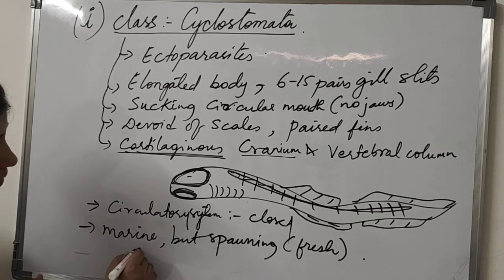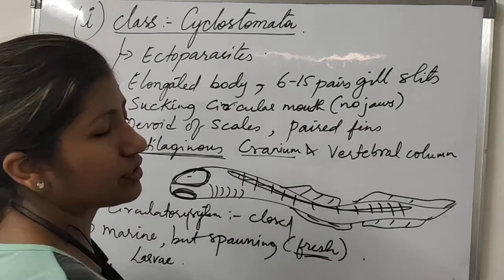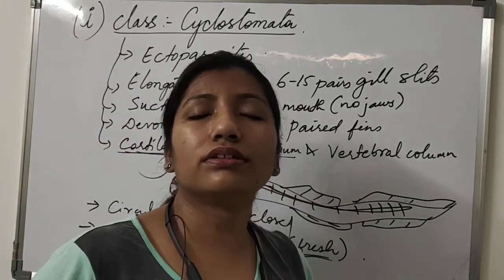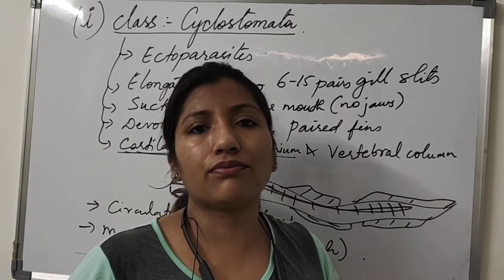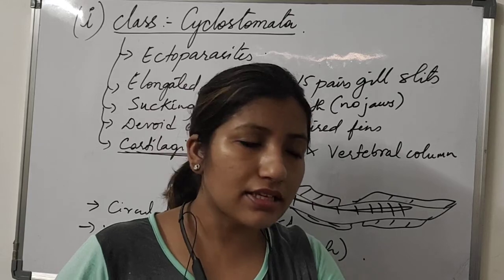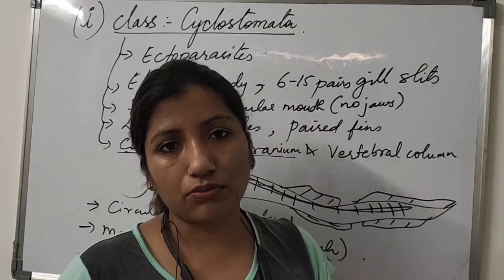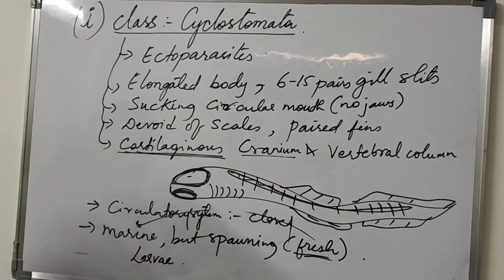In that fresh water, the eggs will develop into larva, and that larva will go through metamorphosis and develop into an adult, and this adult will find its way to the marine water. They will go from fresh water to marine water.